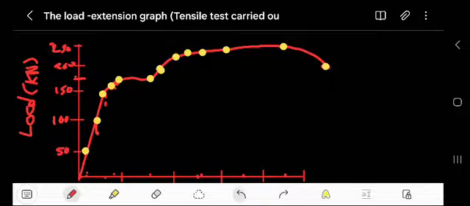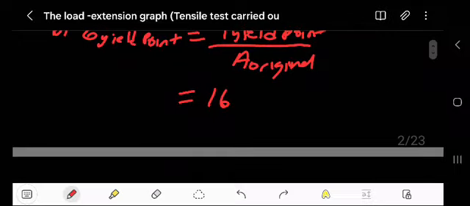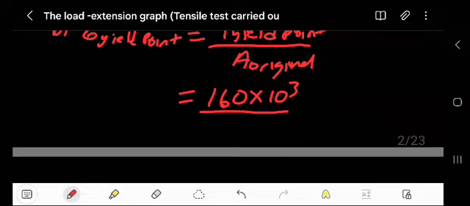The force will be somewhere between there. I will just say 60 times 10 to the power of 3 divided by the original area.